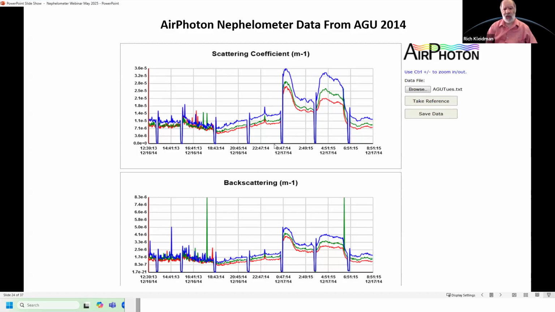What you will see typically in data is that when you have small particles, you'll see a very, very large difference in your wavelengths. And so that's what's going on here. This was daytime when there were people in the hall, and this is after people left. And then in the middle of the night, there was this gigantic spike in very, very small particles. We've seen this a couple of times at different venues.